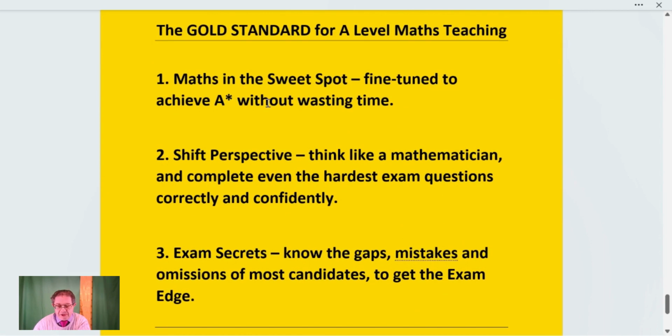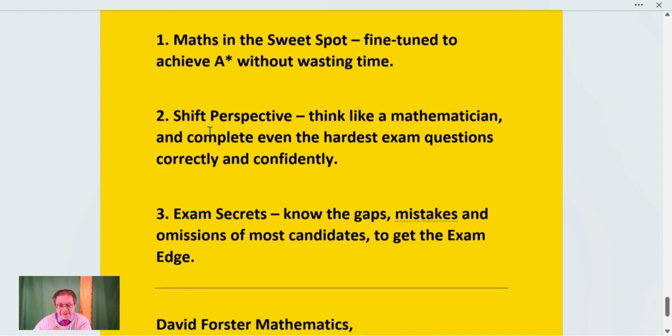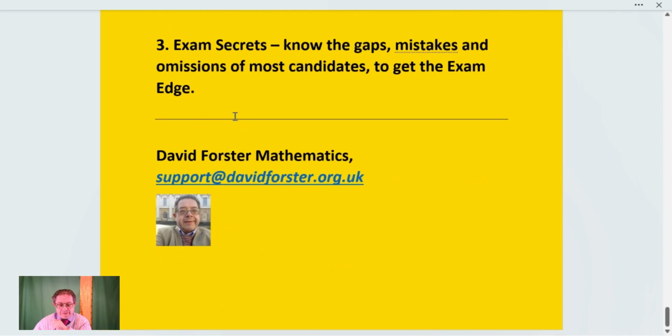And by looking at these hard exam questions and picking out the salient points, that's one way of doing that. Secondly, by shifting your perspective and thinking like a mathematician, learn from these questions. Every question you do, learn something for next time. And thirdly, you're learning those exam secrets, the gaps, mistakes, and omissions of most other candidates to get that examination edge. This is Sweet Spot Maths.